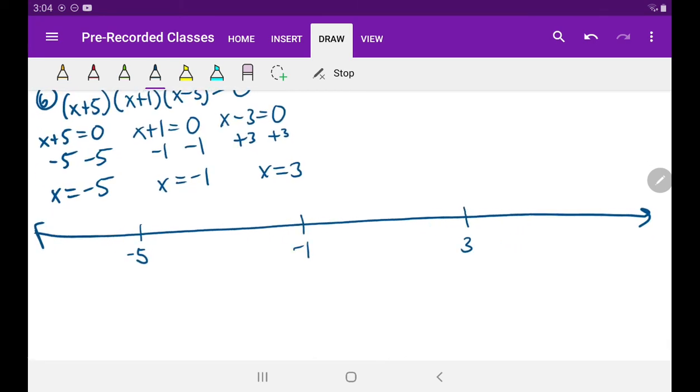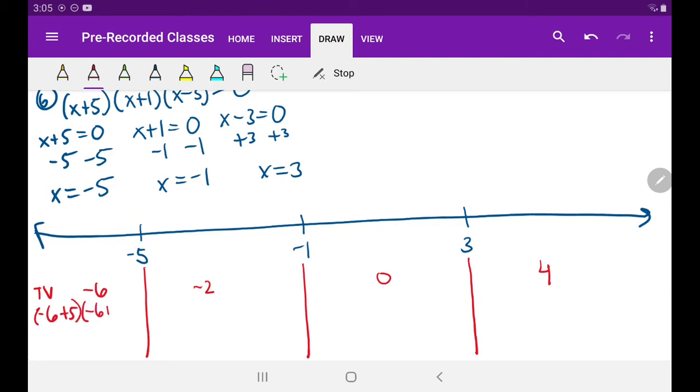And then we want to pick our test values. So we'll do negative 6. We'll do negative 2. We'll do 0. And we'll do 4. Okay, so I'm going to take these test values and plug them in for x. So I've got negative 6 plus 5, negative 6 plus 1, and negative 6 minus 5.